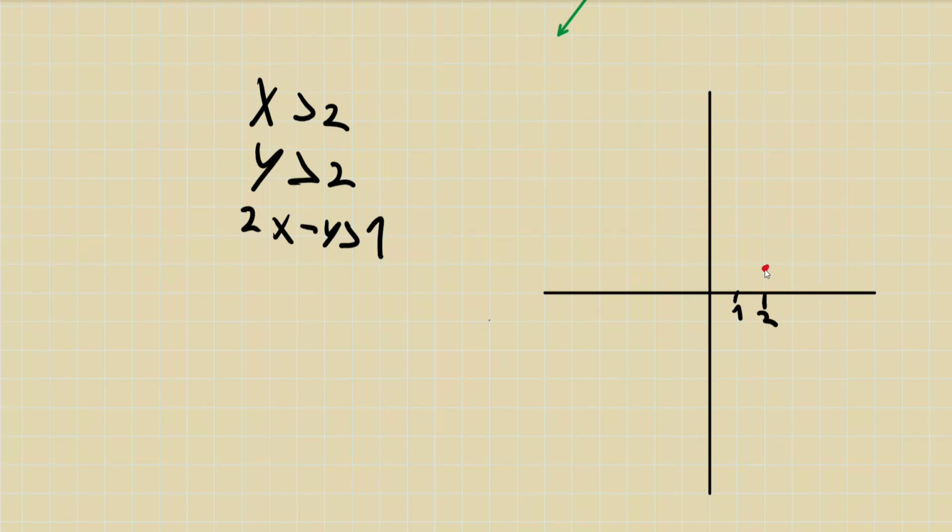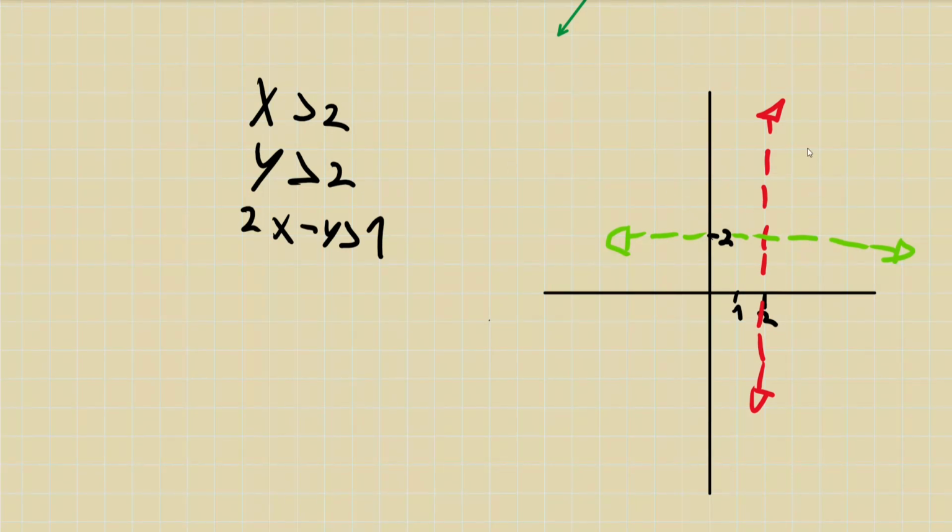And when we know y is a constant, it's going to be a horizontal line. So let me just get my black marker, and here we go. So now, it's like this.